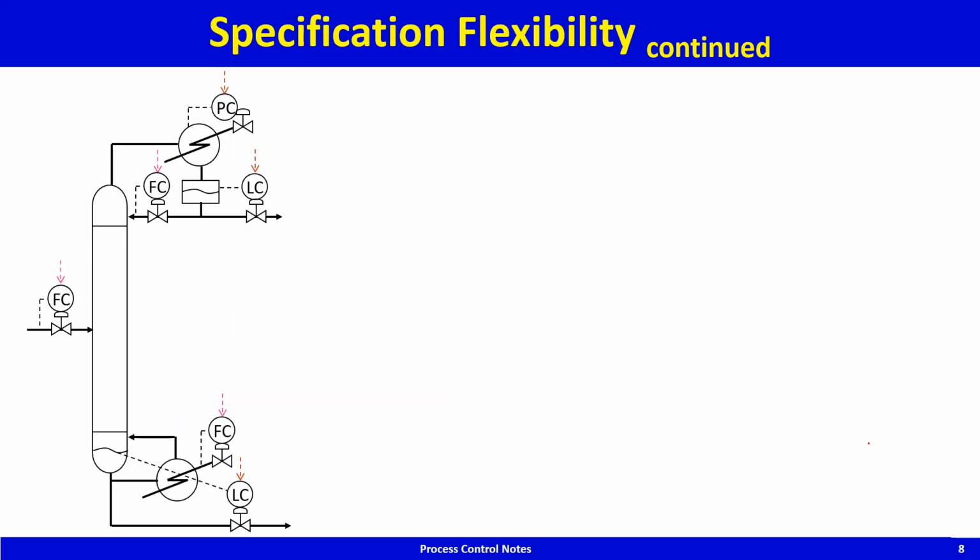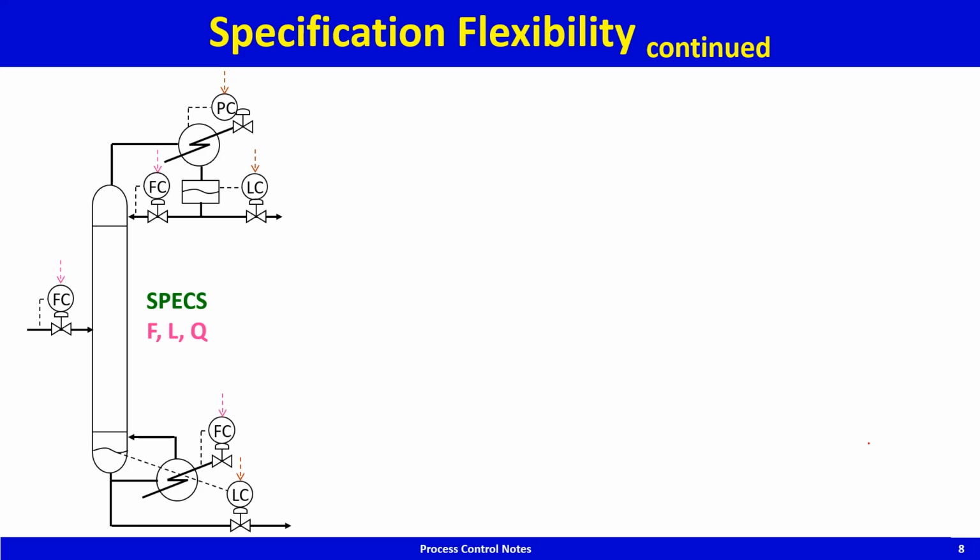Let's look at a distillation column. In the distillation column, here what we have as the specifications are, see, the levels don't affect the steady state, and pressure you're not free to change, so we'll exclude the 2 level set points and the pressure set point as specifications, because these level set points don't affect the steady state, and pressure set point, you're supposed to operate the column at the design pressure.